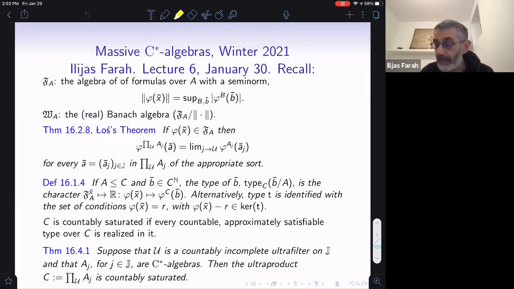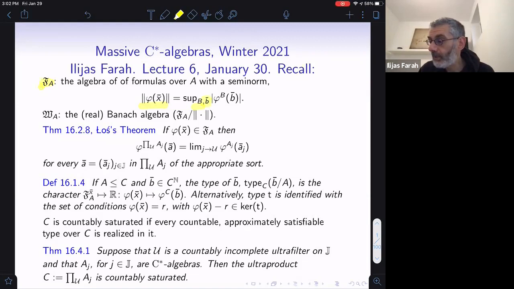Now that algebra of formulas, denoted F sub A, has this A, a C-star algebra that we use for constants, so those star polynomials are allowed to refer to elements of A. It is a real algebra over R, and it is equipped with a semi-norm. The semi-norm of a formula phi is the supremum taken over all C-star algebras B which have A as a unital subalgebra. If A has a unit, we insist that that unit is what it is supposed to be.